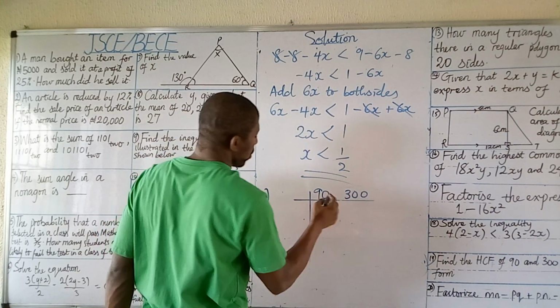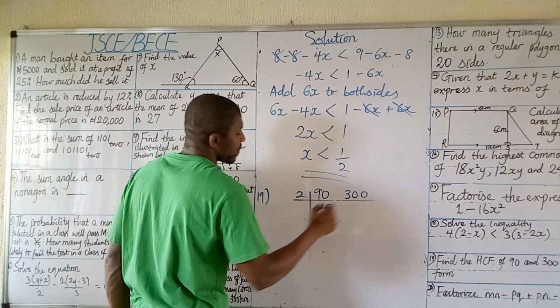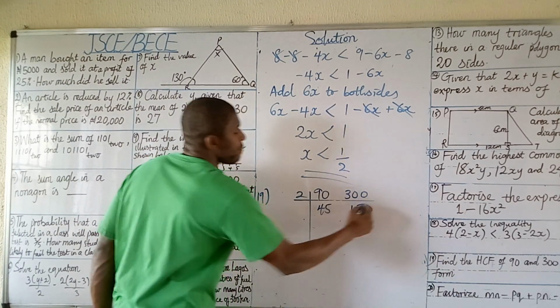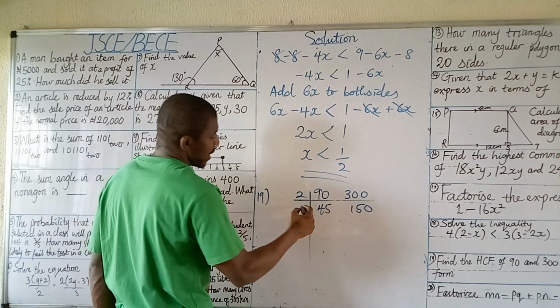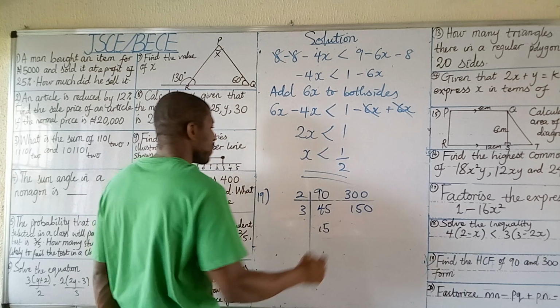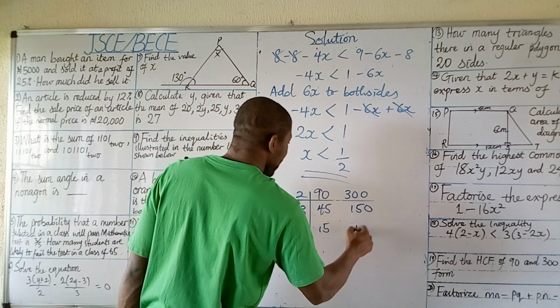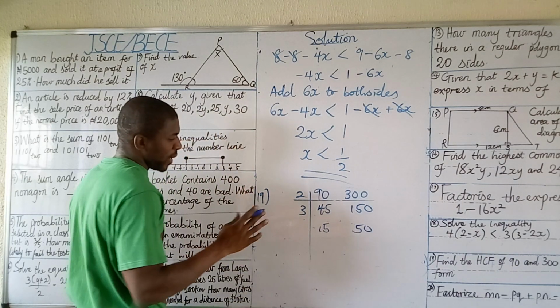What goes? 2 can go. 2 in 90 gives me 45. 2 in 300 gives me 150. What next? 3. 3 in 45 gives me 15. 3 in 150 is 50. What we get again is 5.